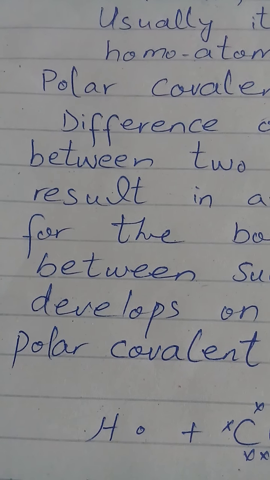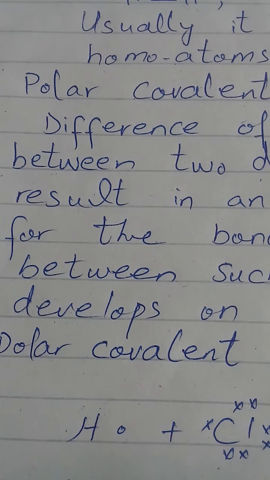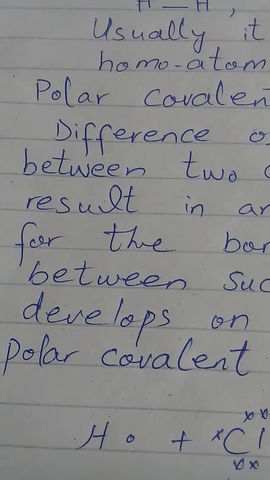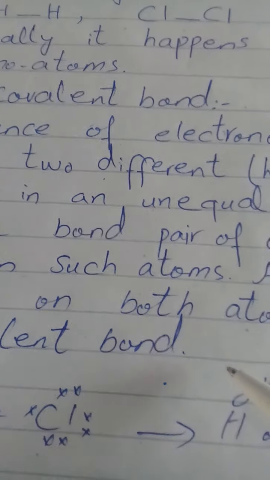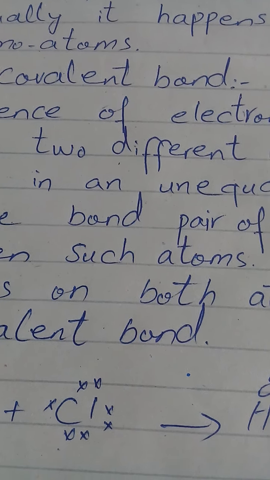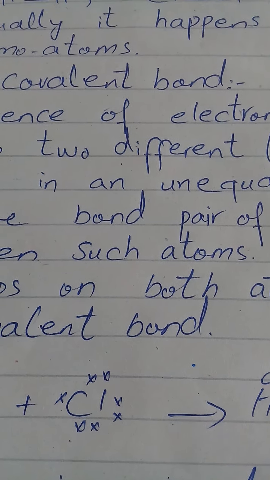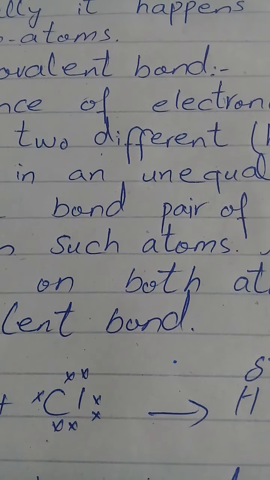One will have more electron activity, it means it will attract the electron pair with more strength, and one will have less electron activity, so it will not attract the electron pair with that much strength.